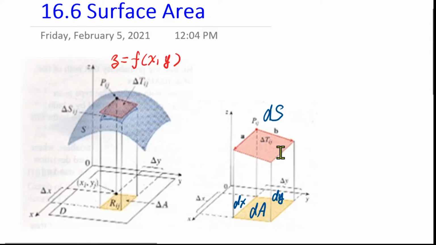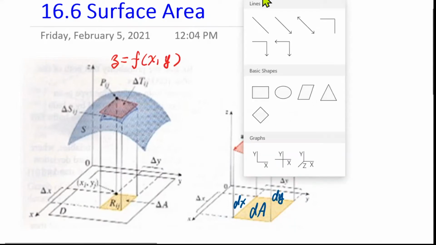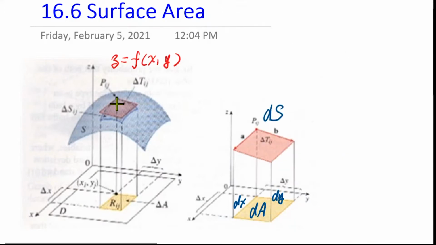So far with me? Okay, then I like to draw a couple of arrows or vectors. One vector I'm going to draw from this point. So this is a given point x, y.